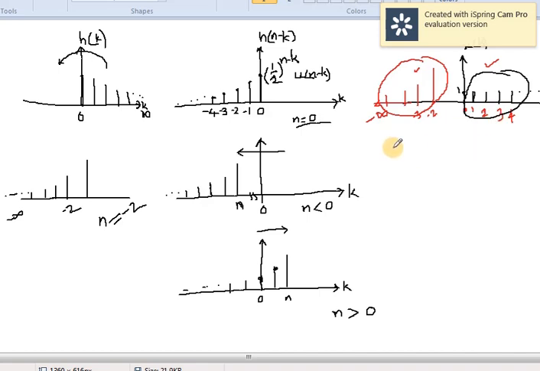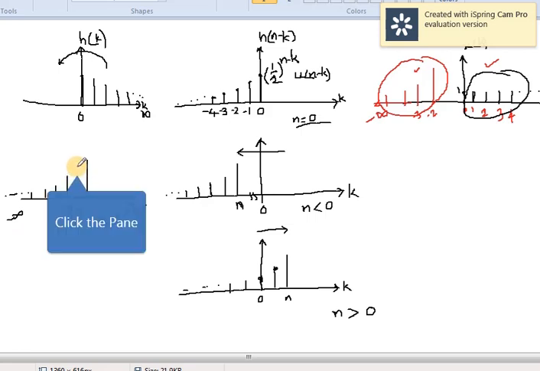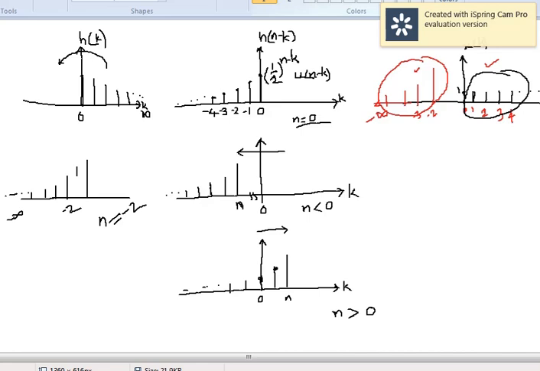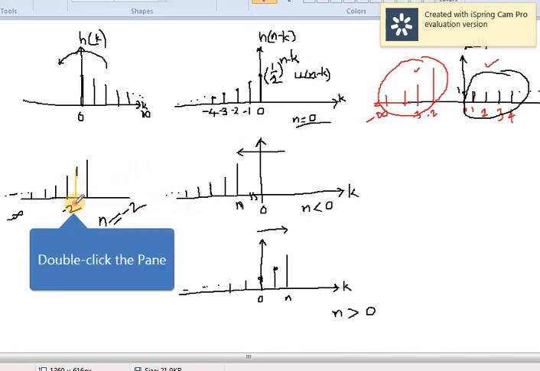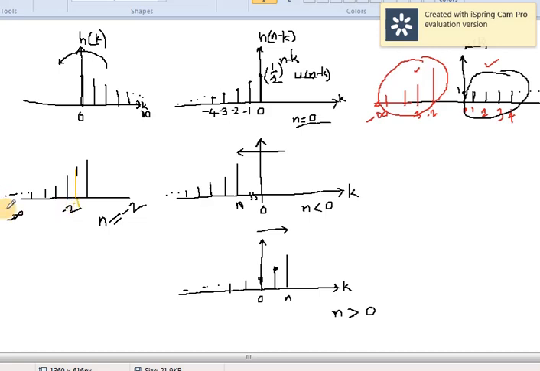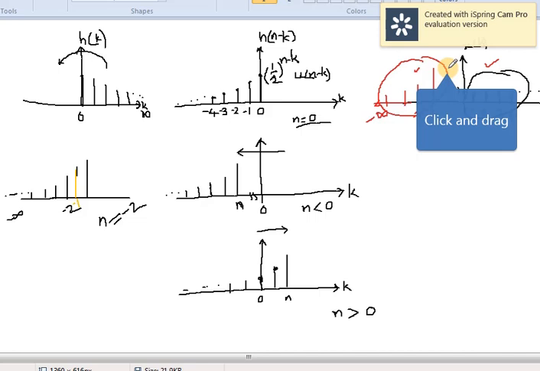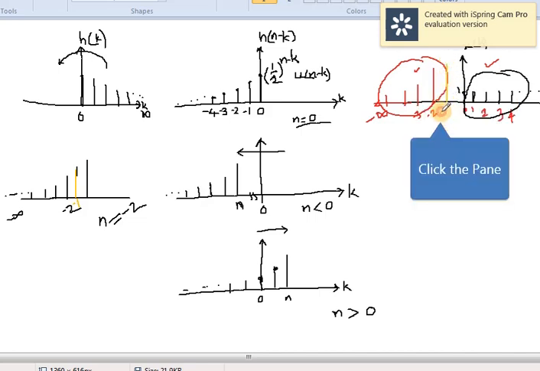If n is equal to minus 1 also, then we could have a sample in this way, with the signal from minus 1 to minus infinity. But even though there is a sample at minus 1, it will not make our multiplication non-zero.